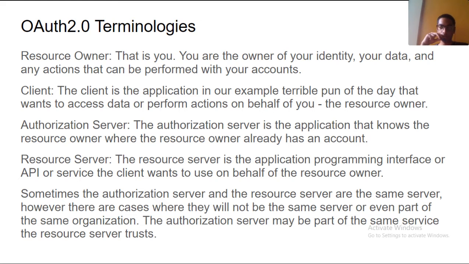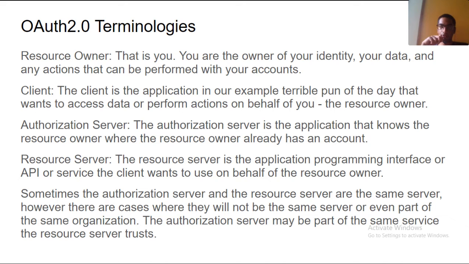Resource server is also the Gmail service. The resource server is the application programming interface, or API, or service the client wants to use on behalf of the resource owner. The resource server is an API. Gmail can act as an API that the client wants to use.